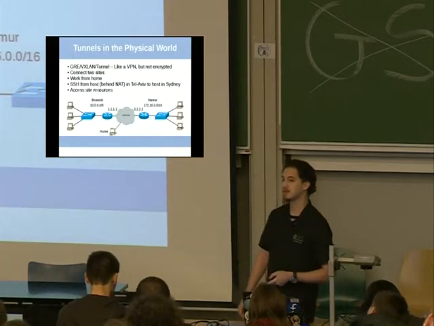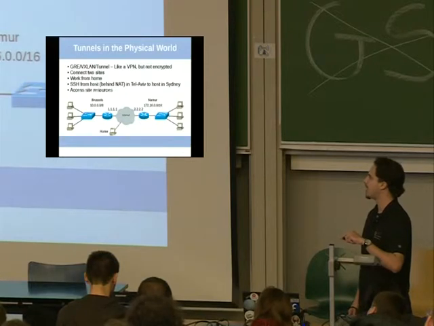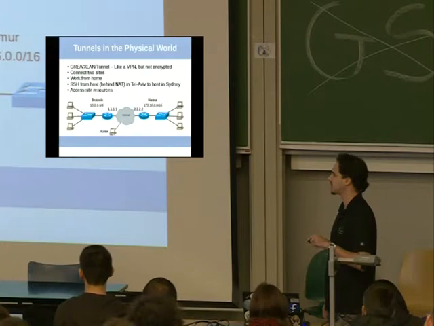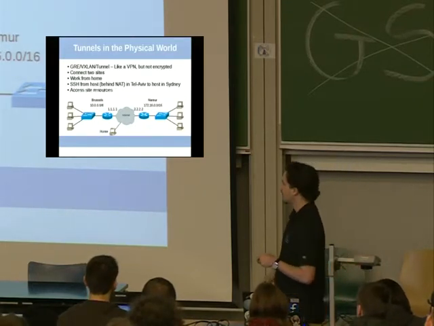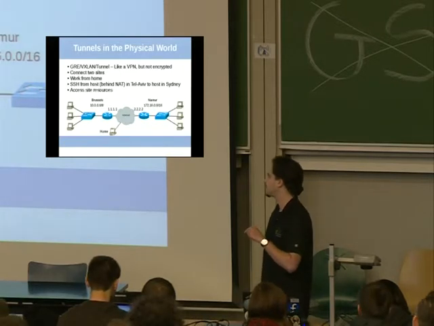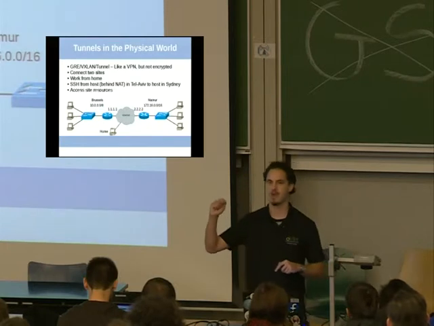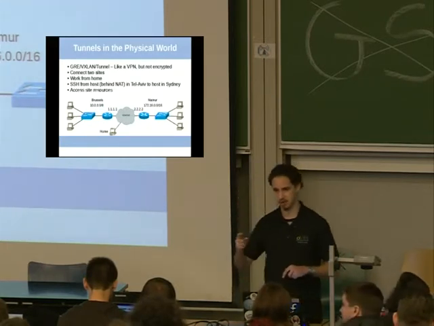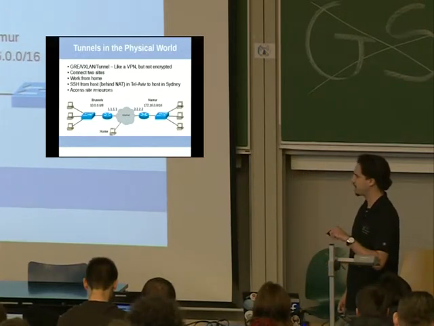Now, mind you, a tunnel is a manually configured thing, which we configure on the physical routers. We SSH or telnet into the left router, and we tell it, listen, if you want to reach the 172.16 network, take all of that traffic and route it to a tunnel device. The tunnel device is a second configuration step, which I also manually configure.